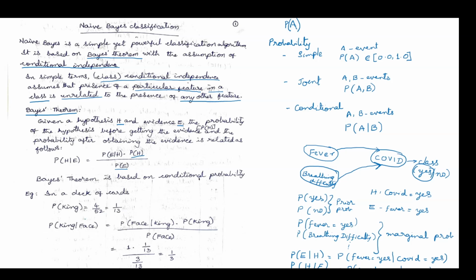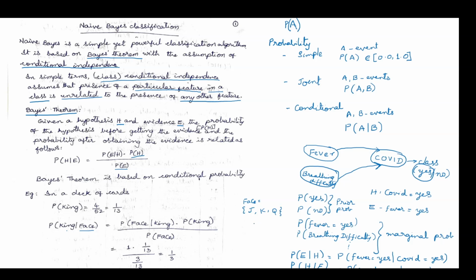If you look at the conditional probability, P of king given face indicates that, given that we already know the drawn card to be a face card, what is the probability for the face card to be a king? Now we know that the face cards can either be jack, king, or queen.